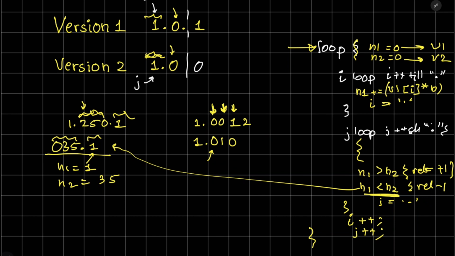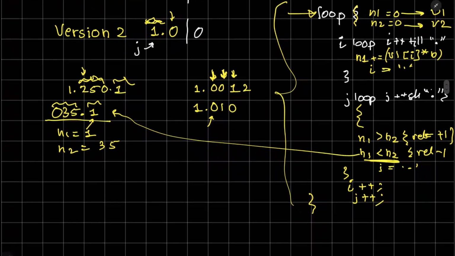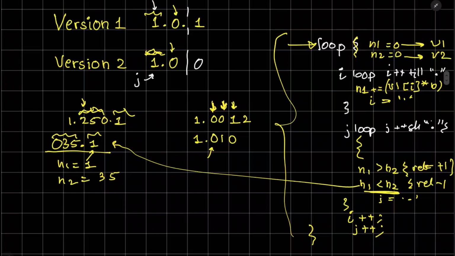This will handle all the cases, because if one of the versions has no further revisions and the other has, like version 1 has it and version 2 doesn't, we have initialized n2 as 0. We will have one condition here also, that j is less than the length of version 2 and i is less than the length of version 1.